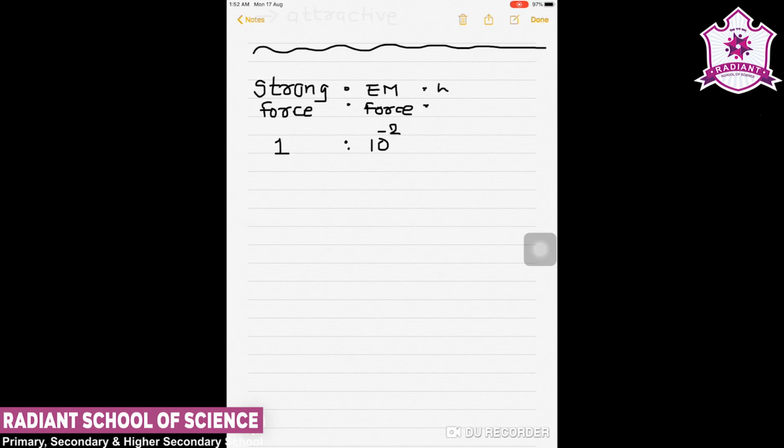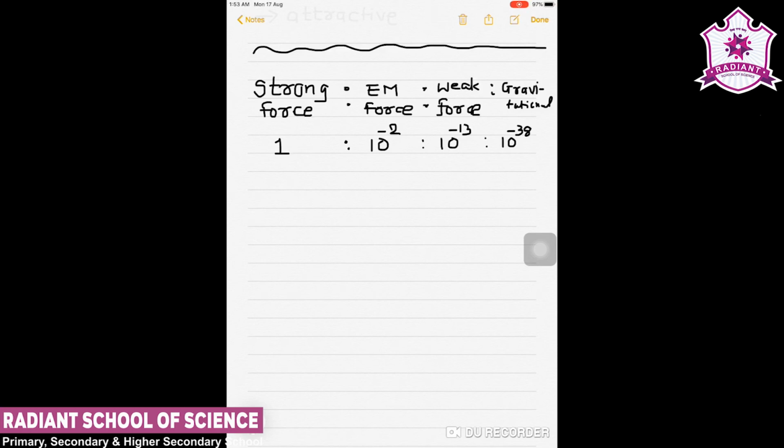Now weak force. So weak force is about 10 raised to minus 13 times weaker than the strong force, and at the last, gravitational force, if we talk about it, it is about 10 to the power minus 38 times weaker than the strong force.